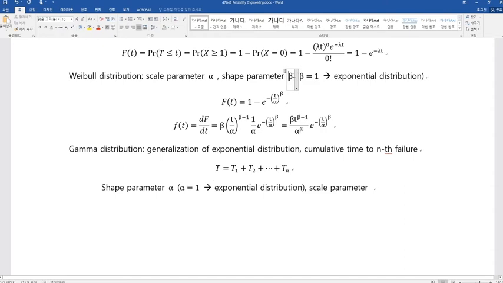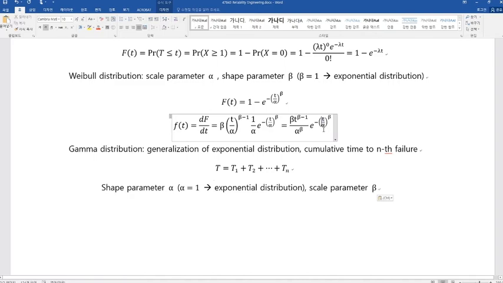And in this case, beta is called the scale parameter. So previously the exponential function took the form of t over alpha, and this is the place for the scale parameter.